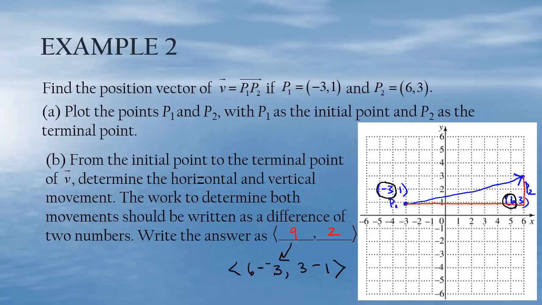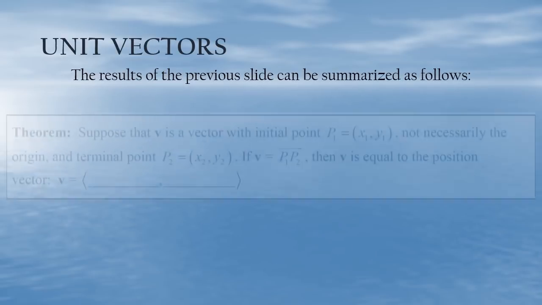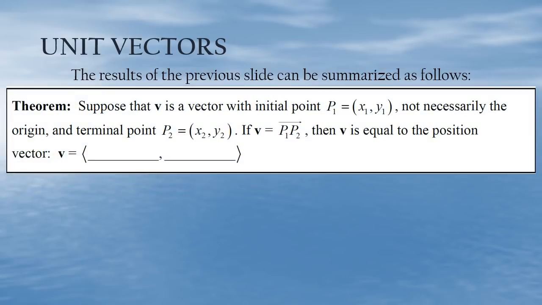And let me summarize this for you on the next slide. So the results of the previous slide can be summarized as follows. Suppose that v is a vector with the initial point p sub 1 equal to (x, y). And we're going to call it (x sub 1, y sub 1), since we're talking about point sub 1, not necessarily the origin.